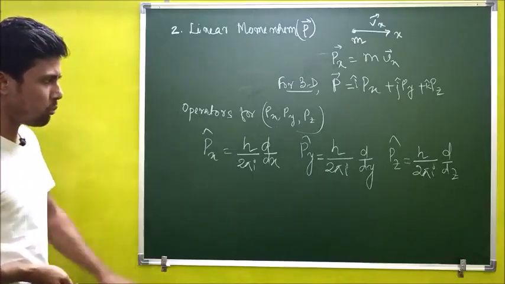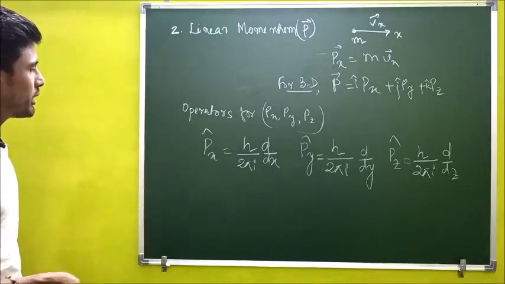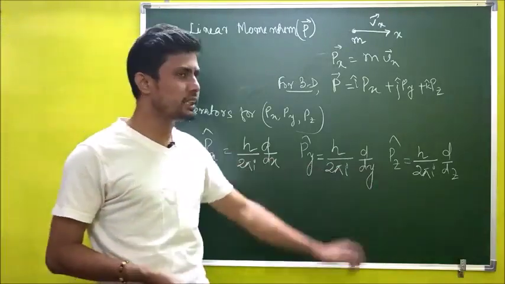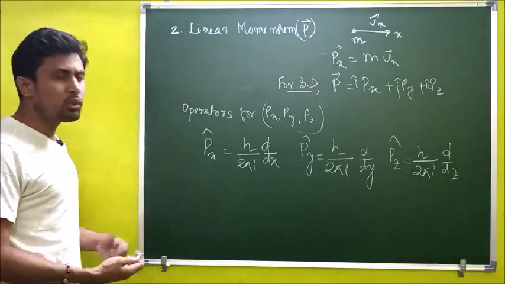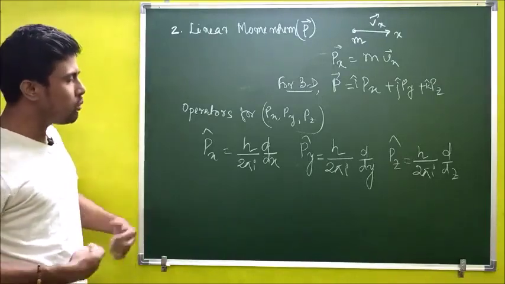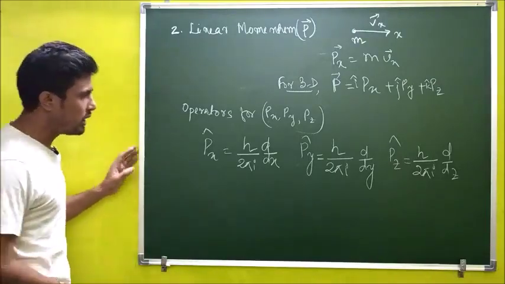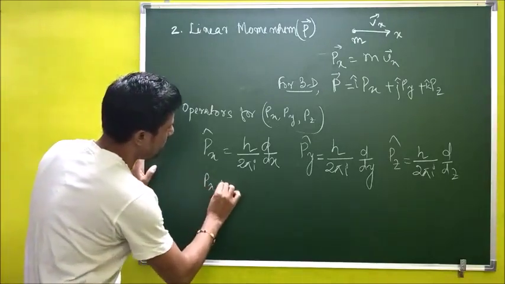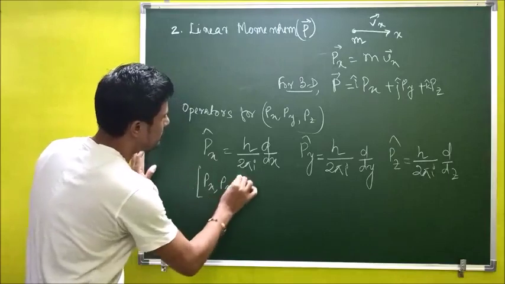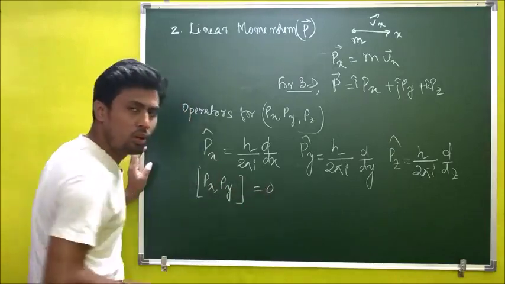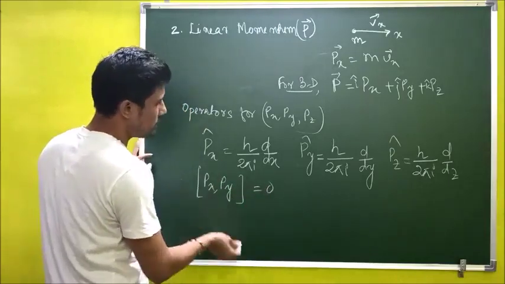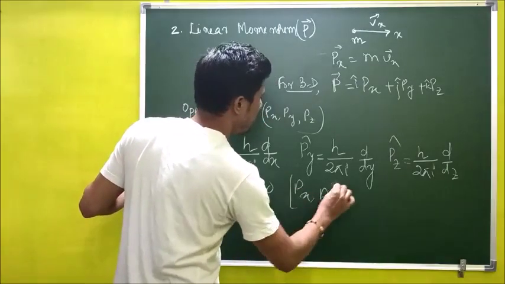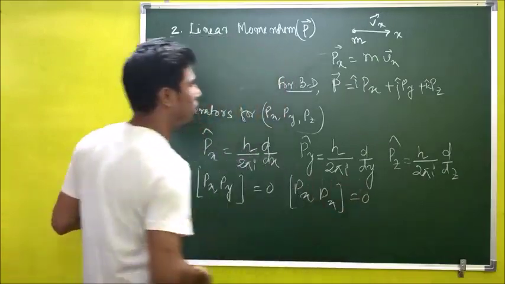Let us see some commutator algebra of linear momentum. The components px, py, pz commute with each other and with themselves. If we consider the commutator of px and py, this will be 0. Again, the commutator of px and pz will also be 0.